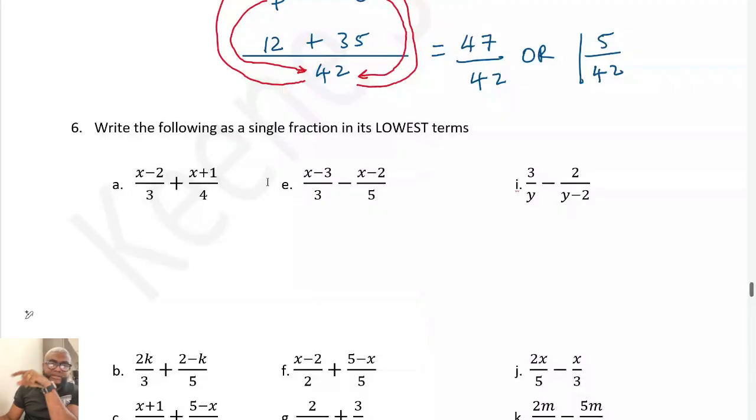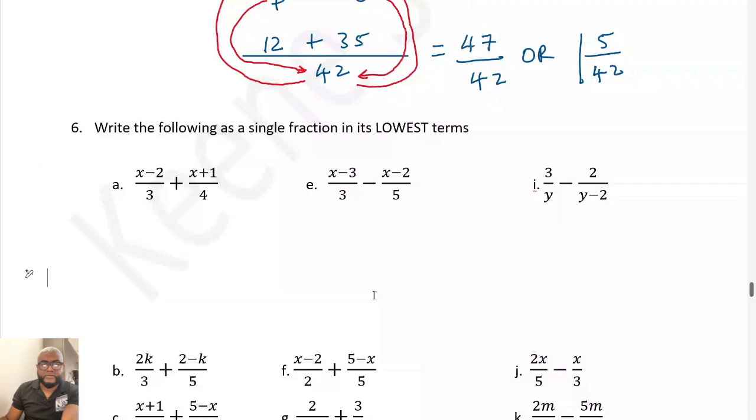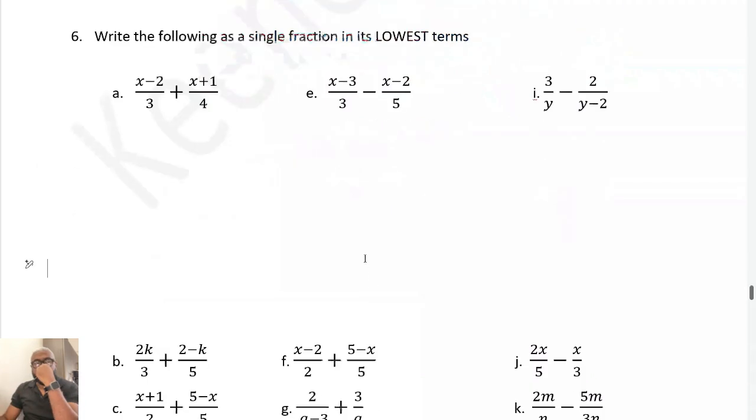So write this down. We're going to do these on top here, right? Write the following as a single fraction in its lowest terms. Write all of these as a single fraction, meaning that you have one denominator.